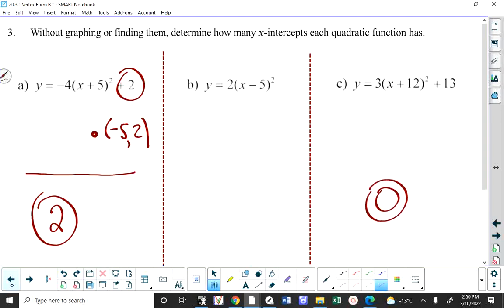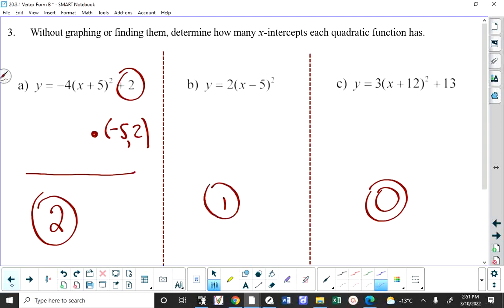How many of you understand why there's only one x-intercept with B? The vertex is on the x-axis. It's not shifted up or down. So if the vertex starts at the origin and all I do is move it to the left or the right, it's still going to be on the x-axis, which means there's one x-intercept.